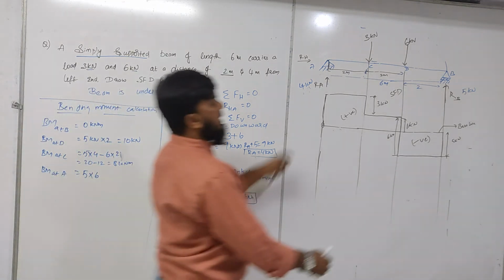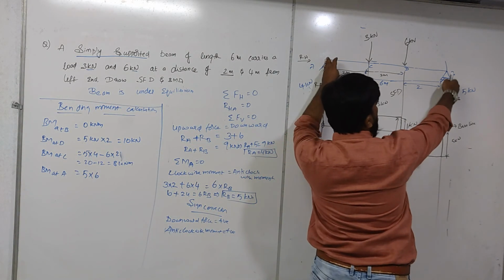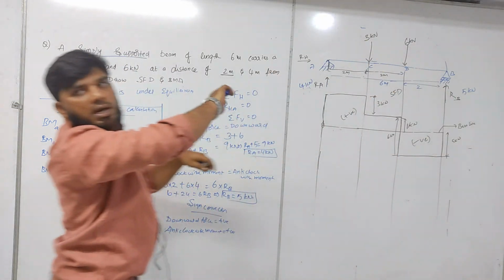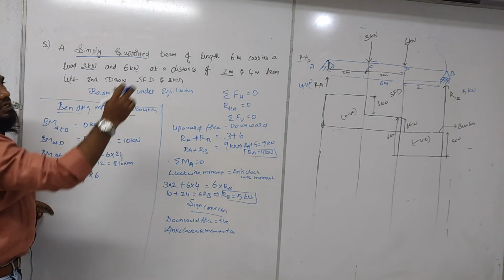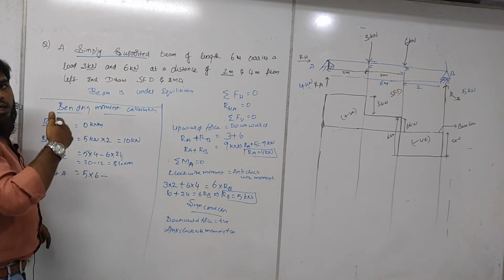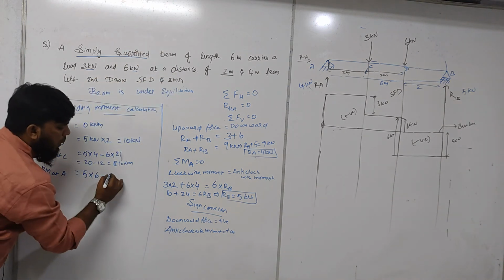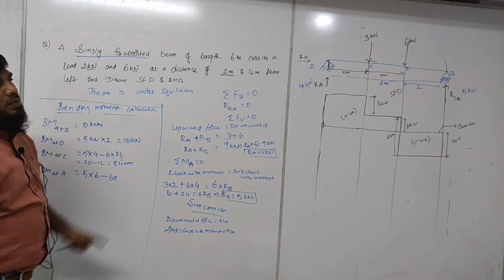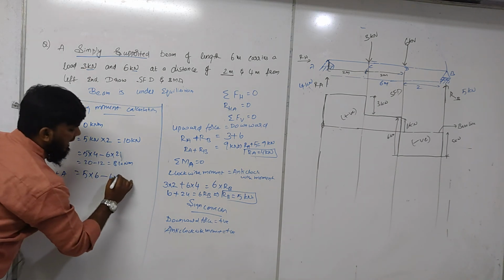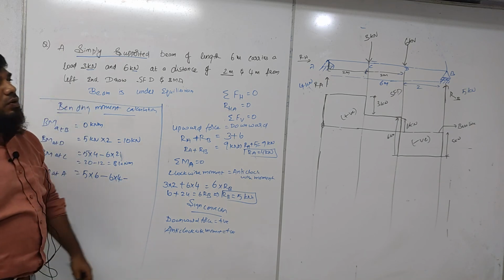See how to understand this. This is the point and this load is acting like this, so it will try to rotate that point in anti-clockwise direction. Next, 6 kilonewton will try to rotate the point A in clockwise direction. Load is 6. What is the distance from the 6 load to point A? That is 4, from the diagram it is clearly there. 6 into 4.